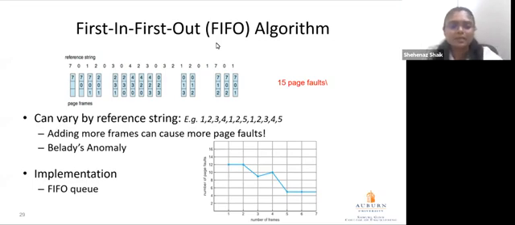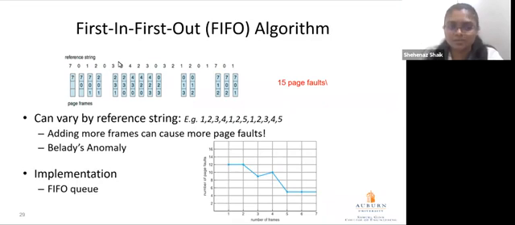Okay? So one such approach is the first in first out algorithm, where we keep track of the sequence in which the pages are brought into main memory, and whenever we do not have a free frame available to place an arriving page, we identify the first page that was placed in one of these frames, and we swap it out.